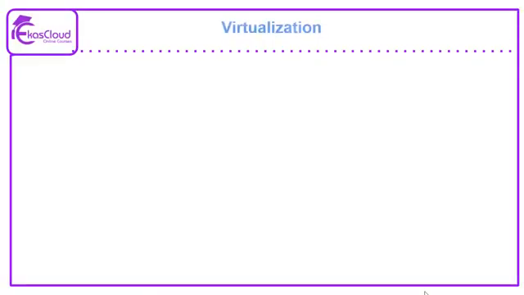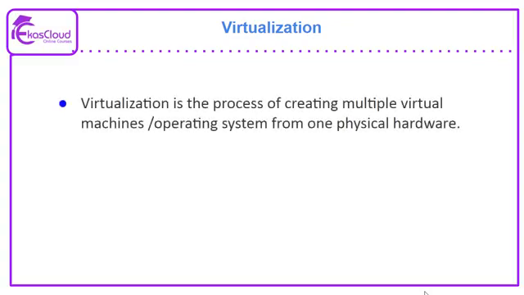And what is virtualization? In general terms, virtualization is a process of creating multiple virtual machines and operating systems from one physical hardware. Normally, one physical hardware runs one physical operating system used by particular users. But now, with virtualization, on physical hardware we create multiple virtual machines, meaning like single computers.